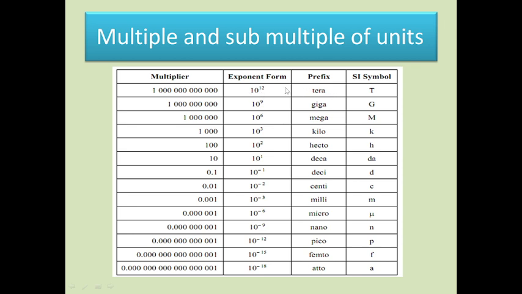If it is 10 to the power 12, that is called tera, and the symbol is capital T. You can see from tera to atto, where atto is 10 to the power minus 18, and the symbols have been given. That is how you give prefixes to the exponent 10 to the power plus or minus. Just go through them, very helpful for you.